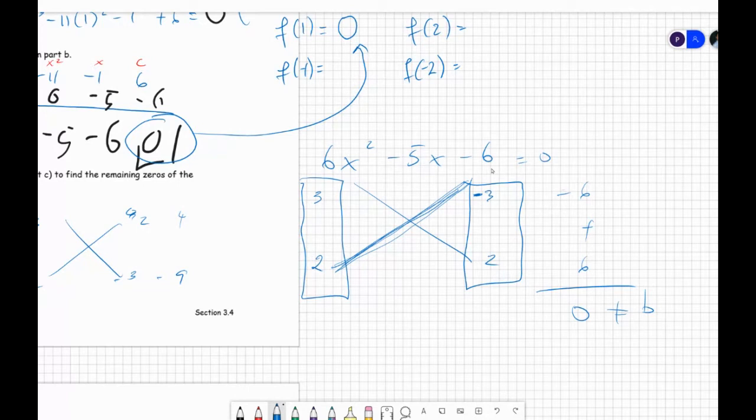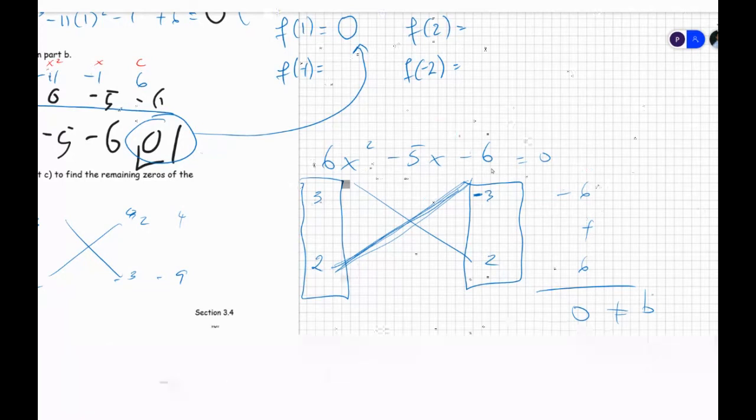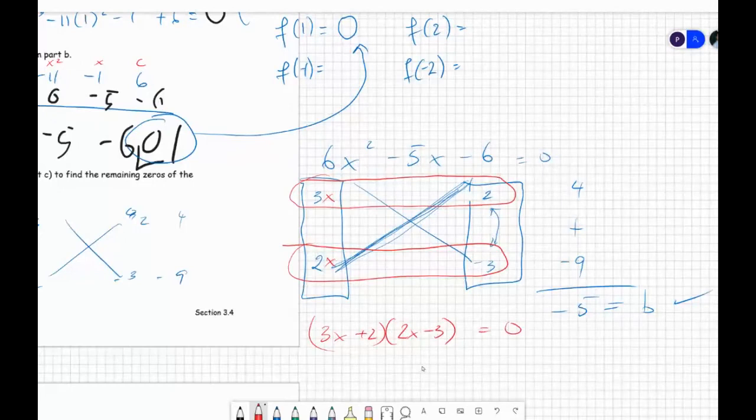So in order to read this, I would read it straight across. That's one factor. That's two factors. Now remember, the first column here needs to multiply to get x squared, so I just have to add an x in there. So we have 3x plus 2, 2x minus 3. And we can set that equal to 0 to find all of our zeros.